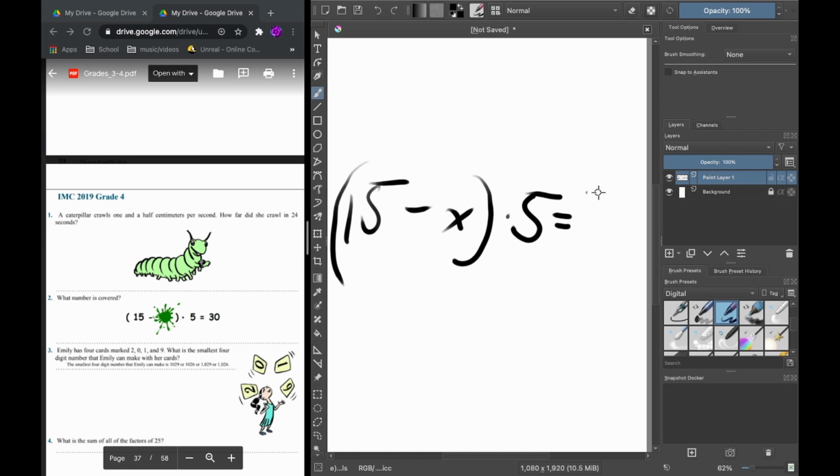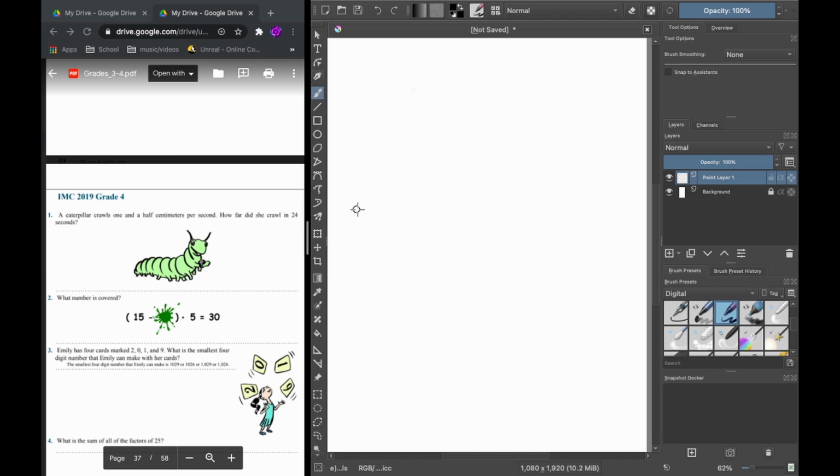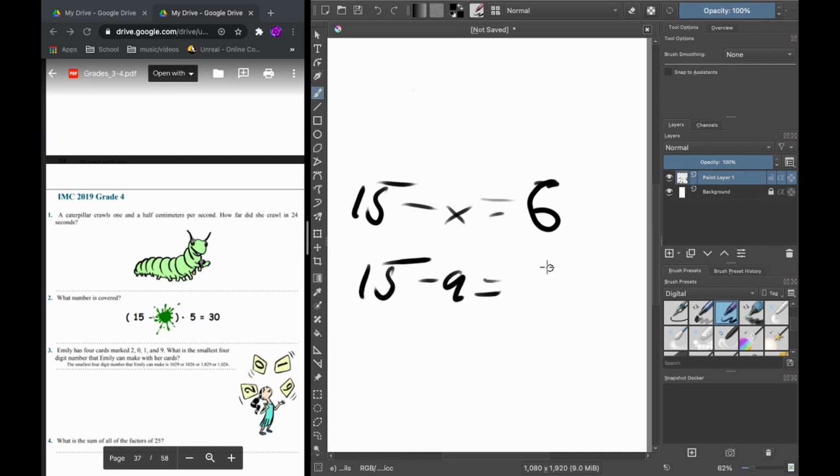This all equals 30. And so what we can do is send 5 to the side. That means that 15 minus x equals 6. And we should all know that 15 minus 9 equals 6. So our answer for number 2 is 9.